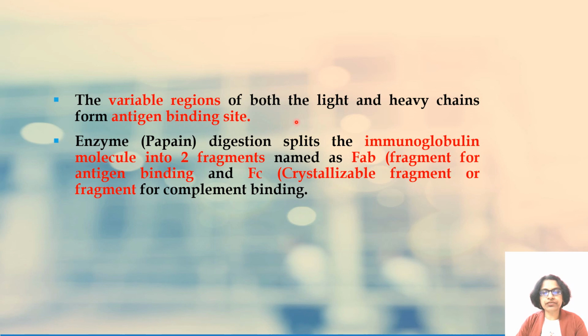The variable regions of both the light and heavy chains form the antigen binding site. Papain digestion splits the immunoglobulin molecule into 2 fragments named FAB, fragment for antigen binding, and FC, the crystallizable fragment or fragment for complement binding.